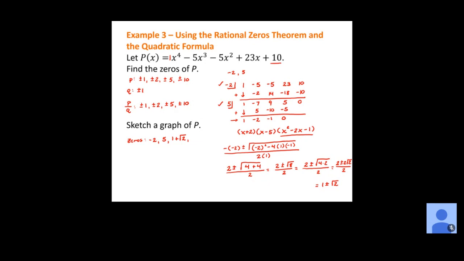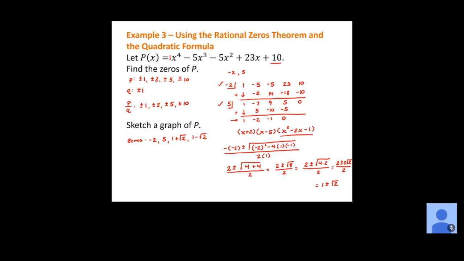And that means the other one then is going to be 1 minus the square root of 2. So that would be my list of zeros. Now, if you wanted to, right, you could get a decimal value for each one of those just to go back to Desmos now and check to see. But if you do that, you would notice that the one that was slightly less than 0 is the 1 minus square root of 2, and the one that was slightly greater than 2 is the 1 plus the square root of 2.